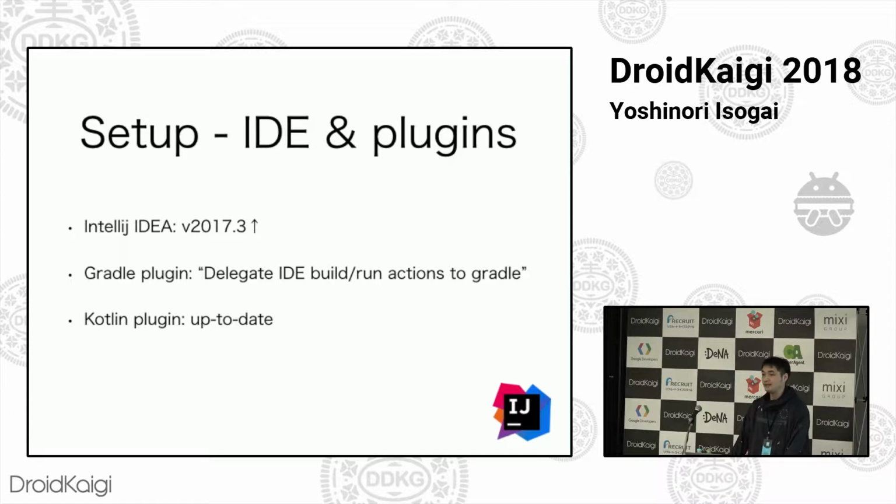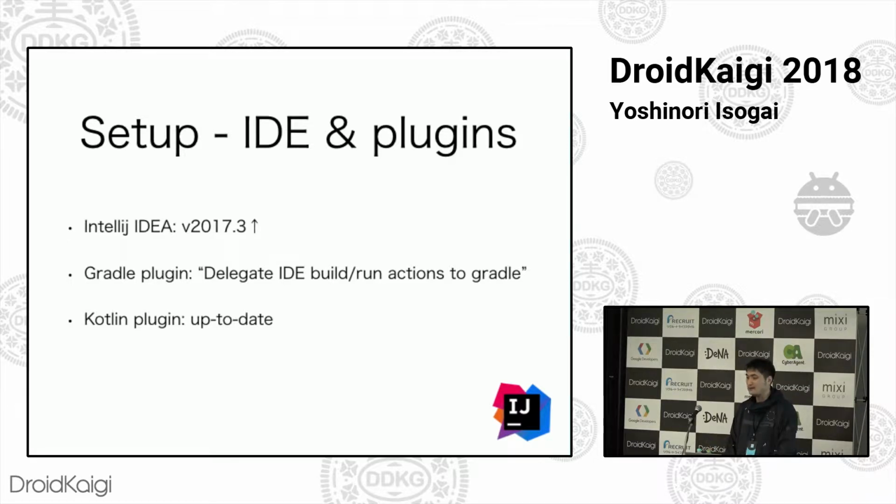For the Kotlin plugin, the version must be higher than 1.1.50. It is highly recommended to use an up-to-date Kotlin plugin version. To make sure you use the latest version of Kotlin plugin, go to Tools, configure Kotlin plugin updates, and click the Check for Update Now button.